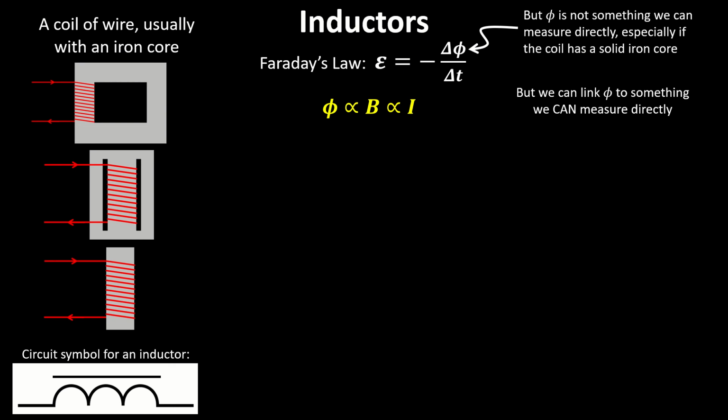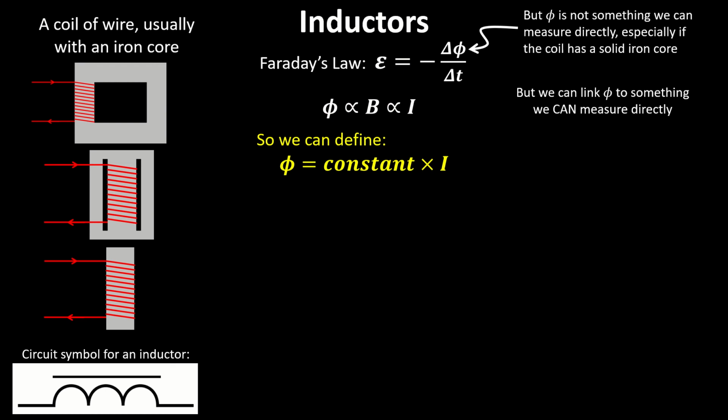So if we doubled the current in the coil, we would have double the magnetic field strength, and so we would have double the flux. So that means we can write that the flux is proportional to the current. We can define flux as some constant times the current.